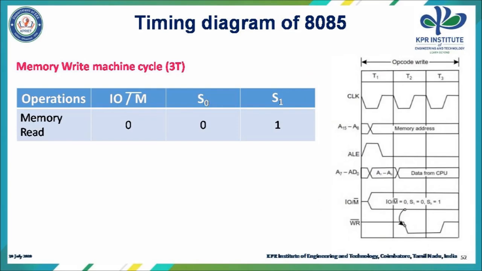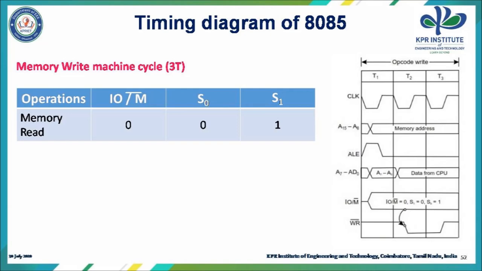The next one is the memory write machine cycle. So here we need write operation. As usual, the ALE pin goes high to make AD0 to AD7 pins operate as address pins, and it becomes low during T2 and T3 to operate AD0 to AD7 pins as data pins.